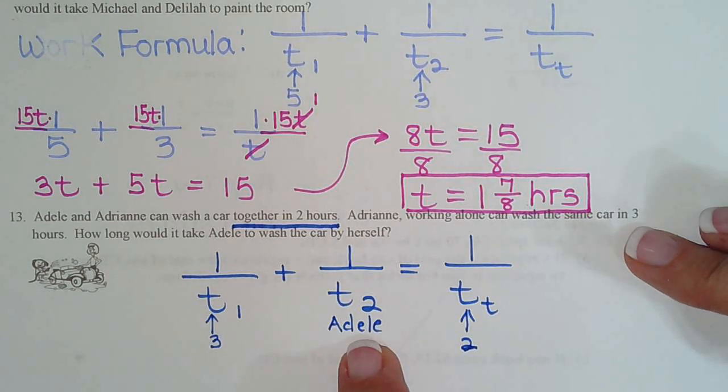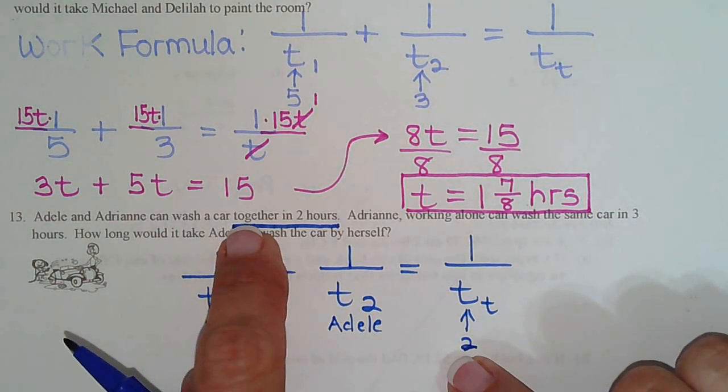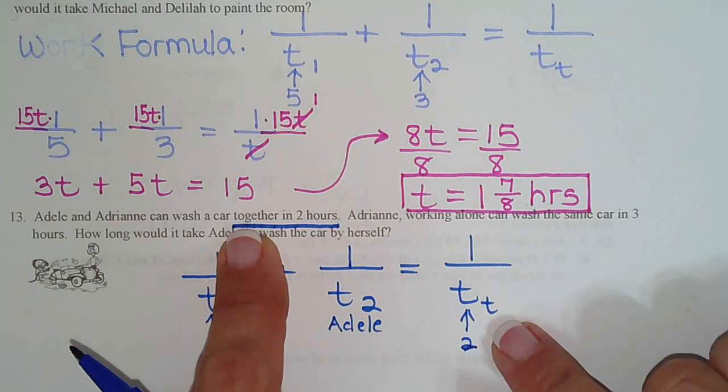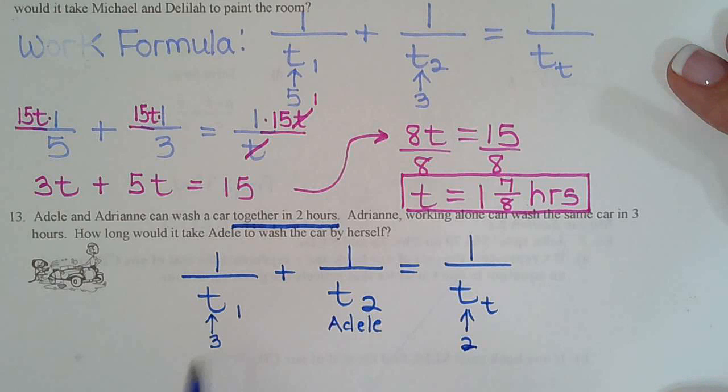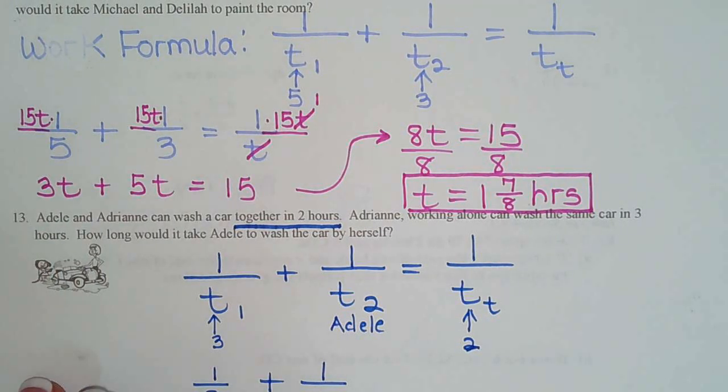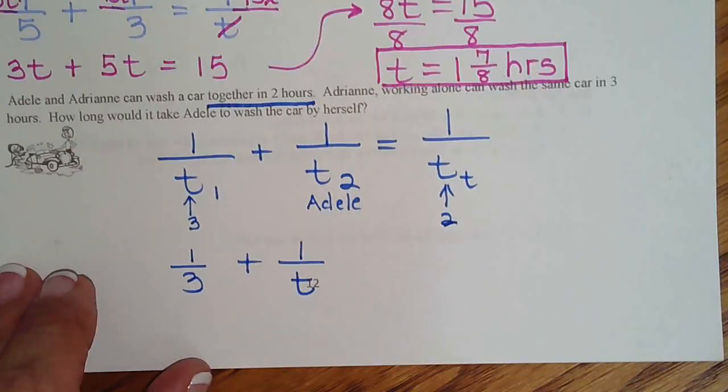So when they give you time together, you put it in the time together, not over here. I can drop that subscript, so it's going to be 1 over 3 plus 1 over t. I don't need the t sub 2 because now it's the only t in the problem.